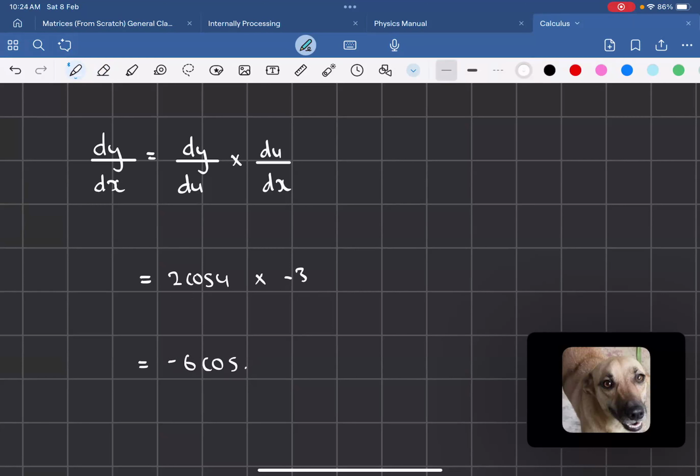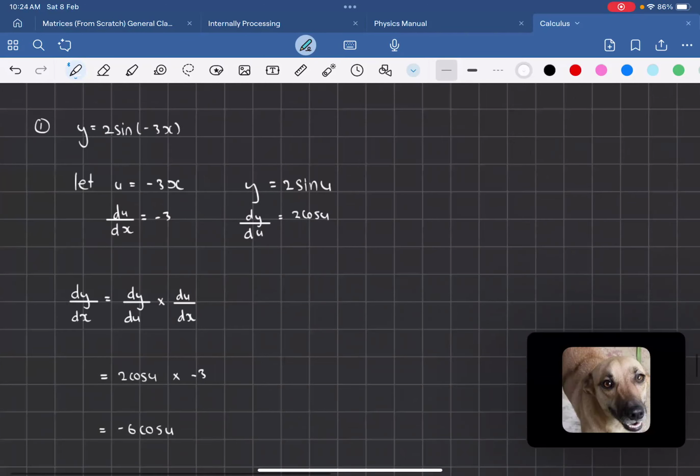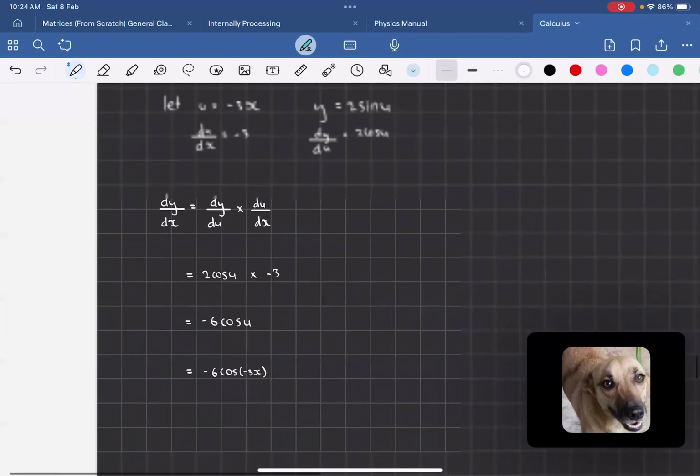And one thing, our final answer cannot have u in it because we want dy dx. So what did we say u was from the start? u was minus 3x. So we're going to say minus 6 cos minus 3x. Lovely. Do you comprehend?